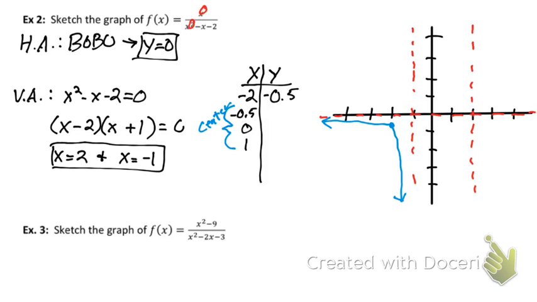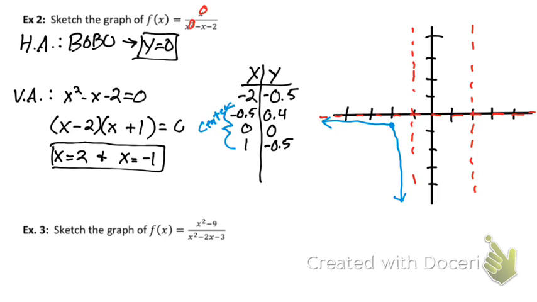All right. When I plugged in -0.5, I got out 0.4. When you plug 0 in, you actually get 0 out. And when you plug 1 in, you get -0.5 out.